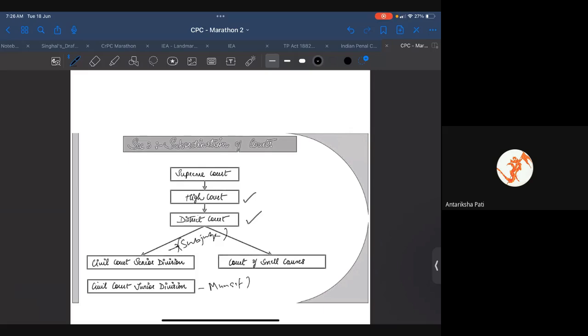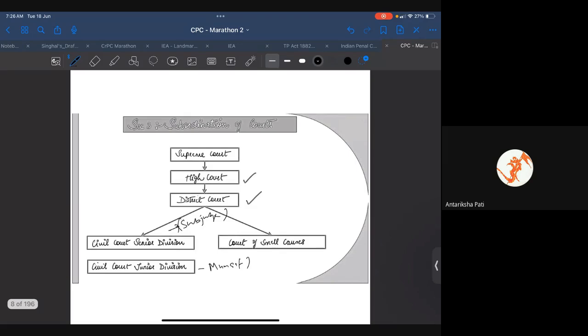There is also a court of small causes. The pecuniary jurisdiction of the court of junior division is up to 50,000, and the court of senior division is 50,000 to unlimited.